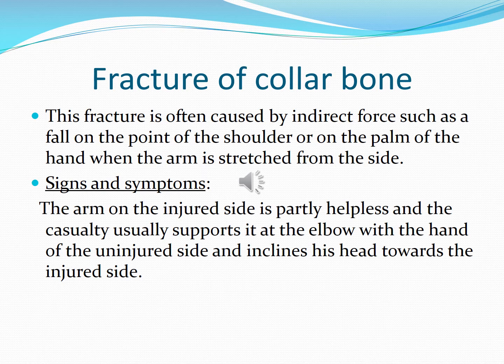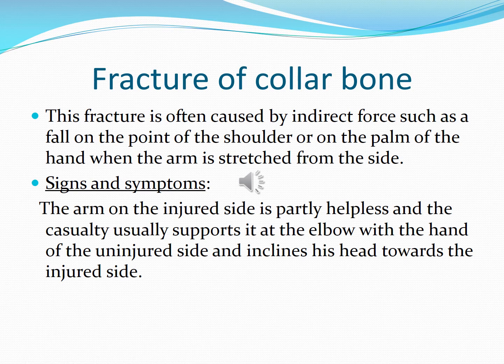Fracture of collarbone. This fracture is often caused by indirect force such as a fall on the point of the shoulder or on the palm of the hand when the arm is stretched from the side.